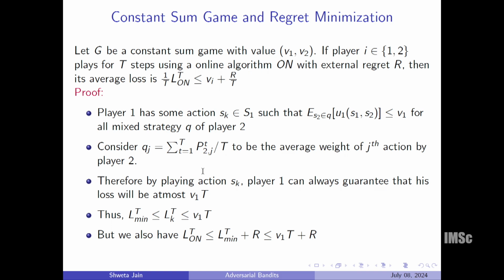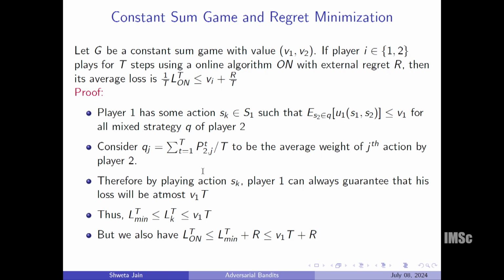When you are incurring this V1 T, the probability distribution is coming from player 2. So, you see on the action j how much probability it has kept over T rounds. It is just constructing this Q for the second player. Mixed strategy of player 2 who has nothing to do with the online algorithm. Yes.